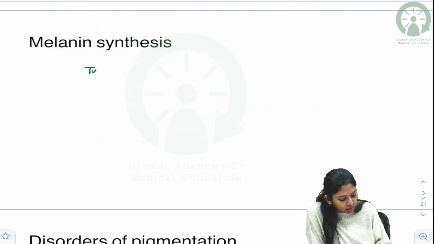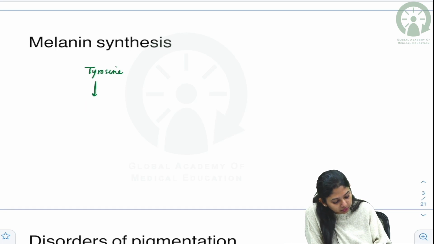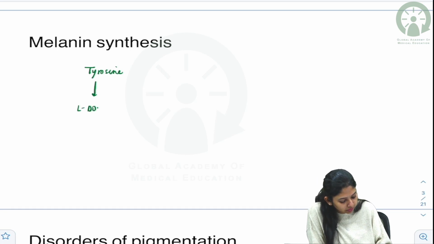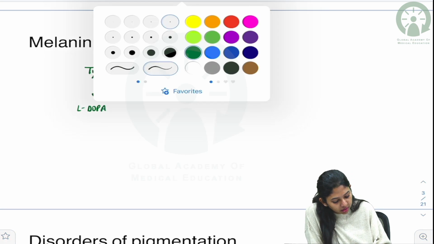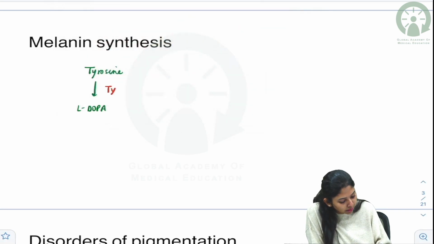So tyrosine is converted into L-DOPA under the influence of enzyme tyrosinase, right?